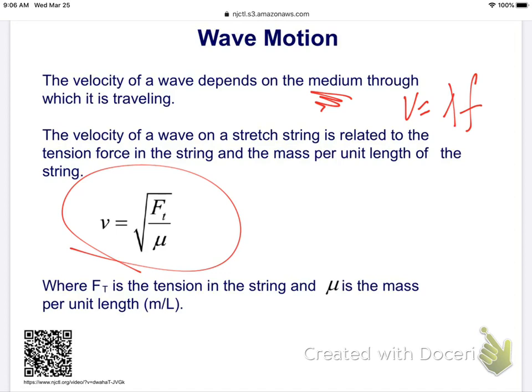The mass per unit length of the string is known as mu. The tension force is the tension in the string, and mu is the mass per unit length, so it's how heavy the string is for its length, and that's where mu comes from.